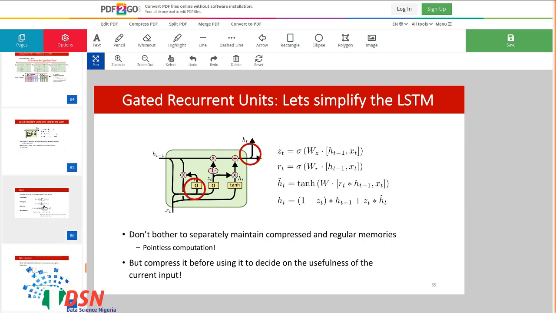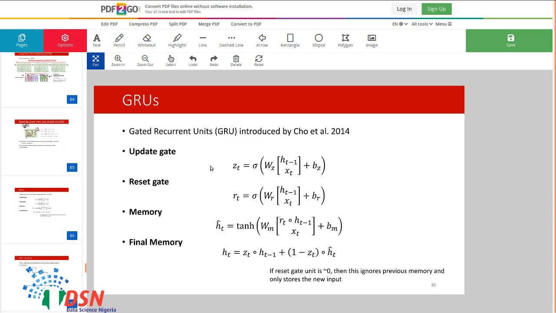And there are some simpler versions of LSTM, one of which is the gated recurrent unit, or GRU, which is maybe a little less popular than LSTM. In this case we don't want to maintain separate compressed and regular memories, so we just have an update gate and a reset gate, and we have a memory and a final memory.